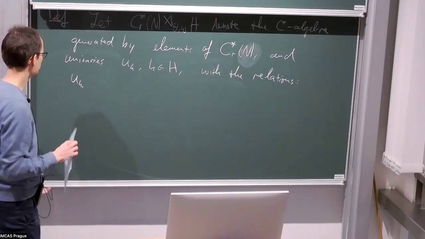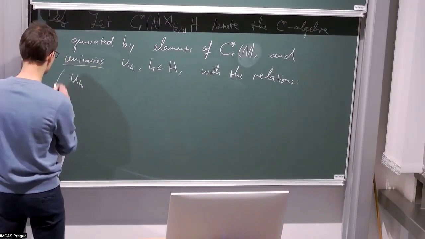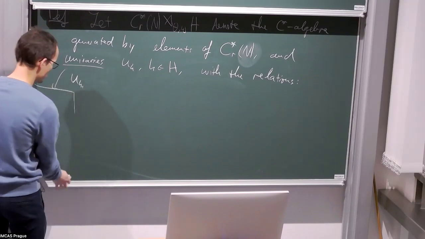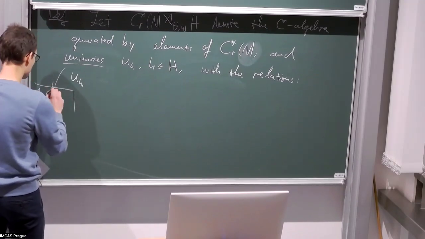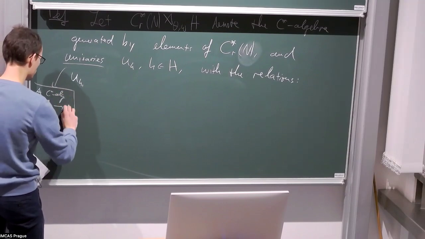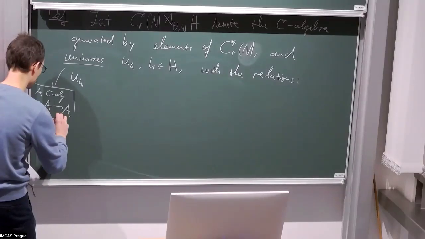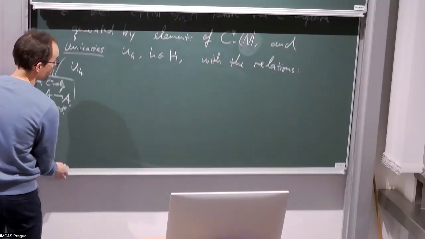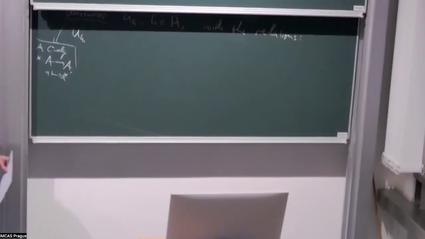Sorry, yes, good question, thank you. So this is generally in a C-star algebra. Let's say A is a C-star algebra. Then you have this involution, which is like the adjoint, taking the adjoint of an operator.